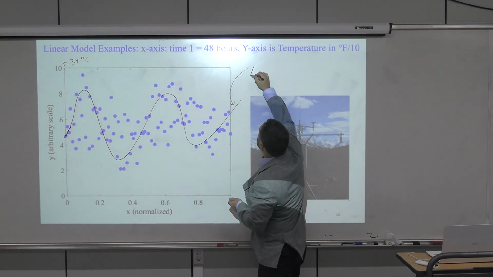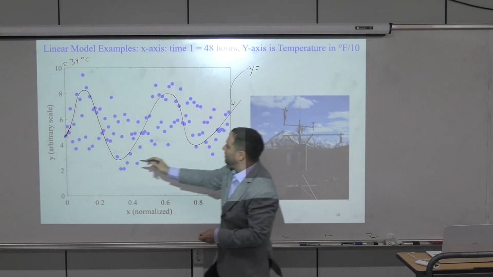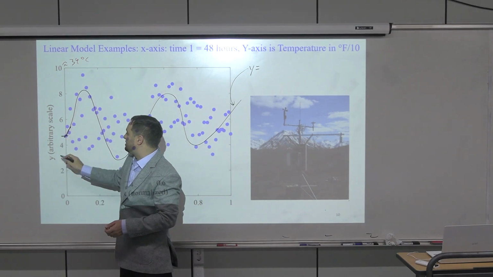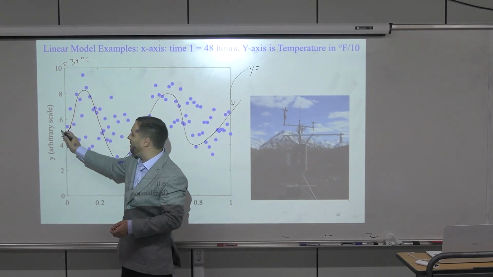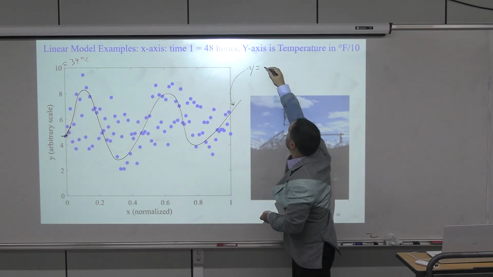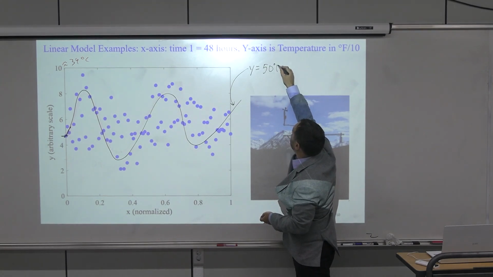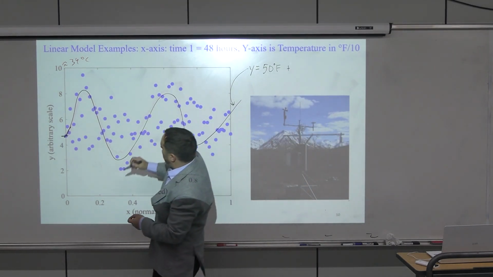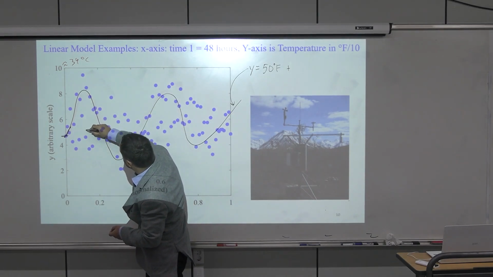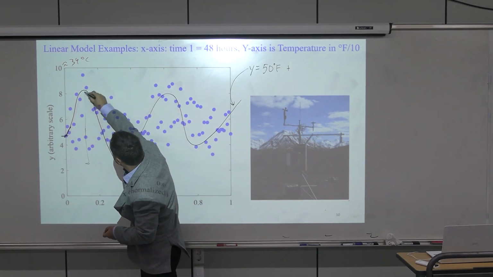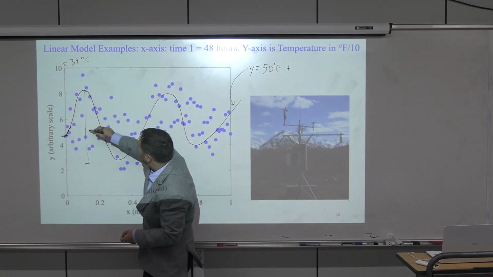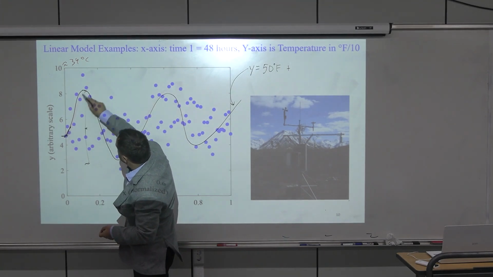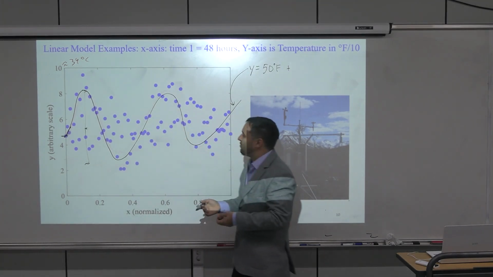So this would be y equals, now it would probably be some constant, and let's call this approximately 50, so maybe 50 degrees Fahrenheit plus, and just from this graph, we can judge the amplitude. What is the amplitude here? So going from about 50 to about 80, that's about 30.